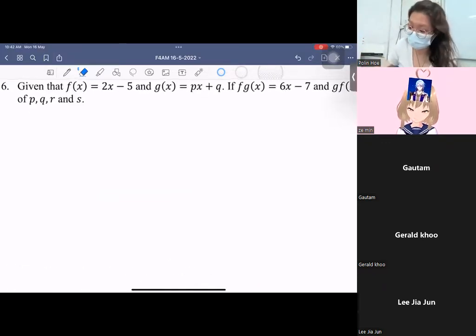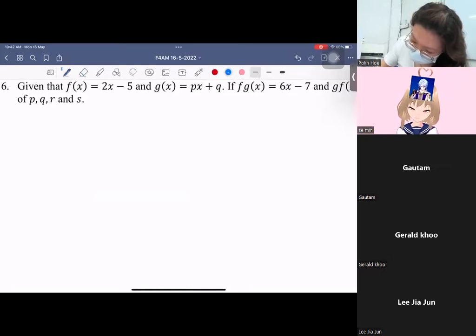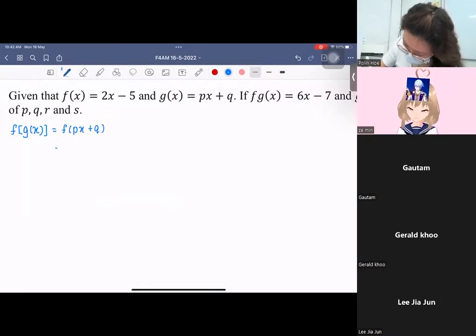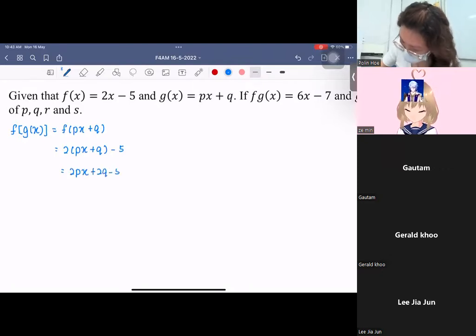Settle the first part first. f(g(x)) = 2(bx + q) - 5, which is 2bx + 2q - 5, and it equals 6x - 7.